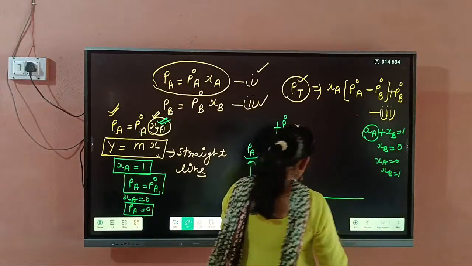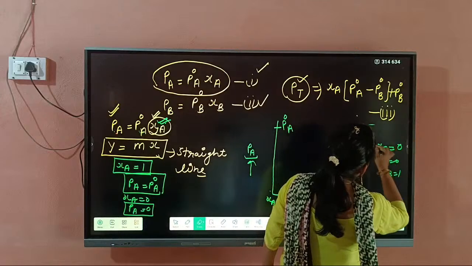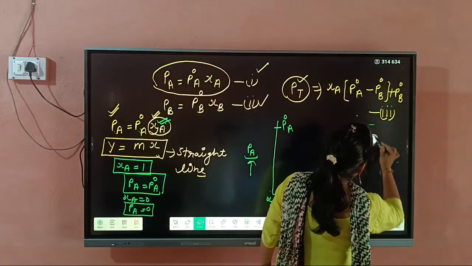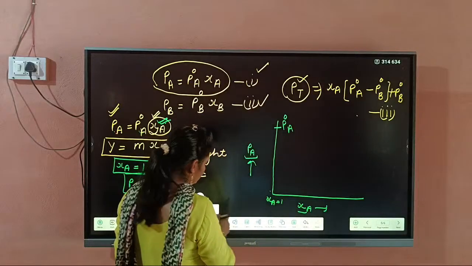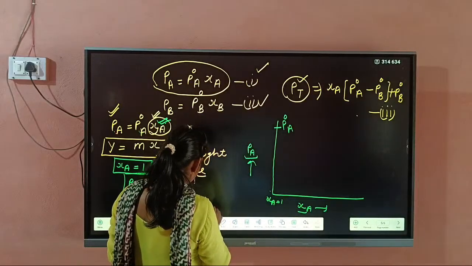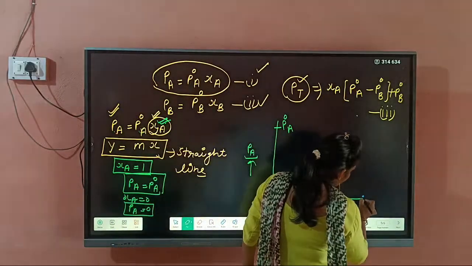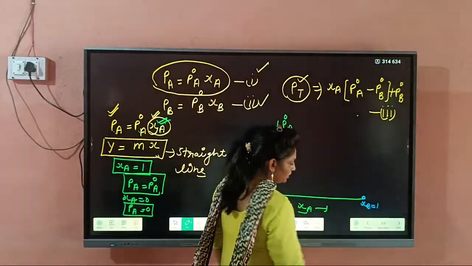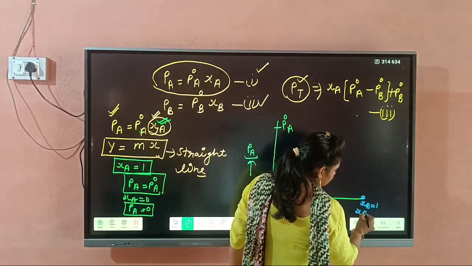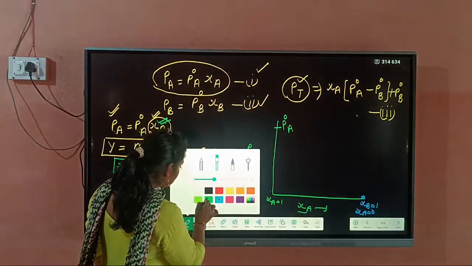So at this point XB is maximum, it is 1. So here we can take XA is 0.